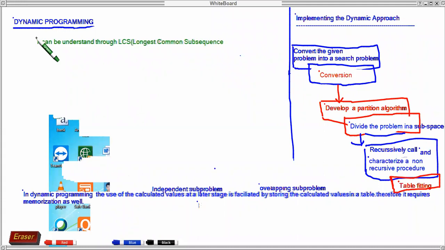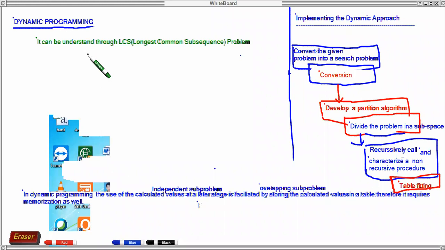By taking this, we can understand the dynamic approach. There are many approaches that we will discuss in our course, and the traveling salesman problem is also there. But one of them is the longest common subsequence. So this can be understood through the LCS problem.